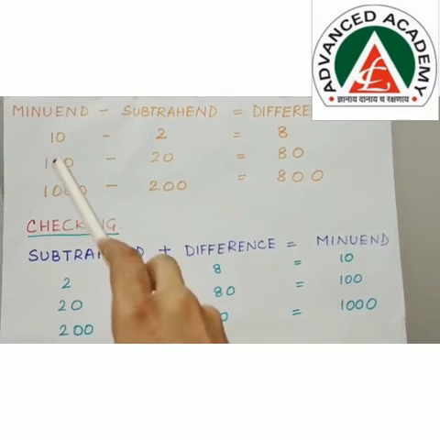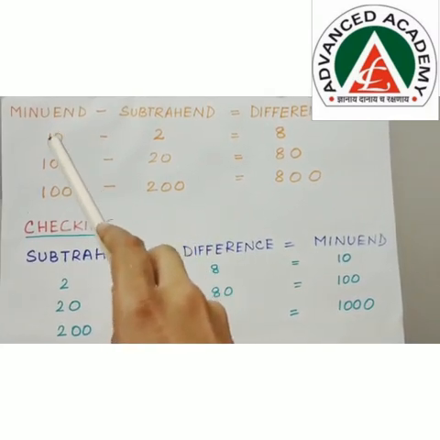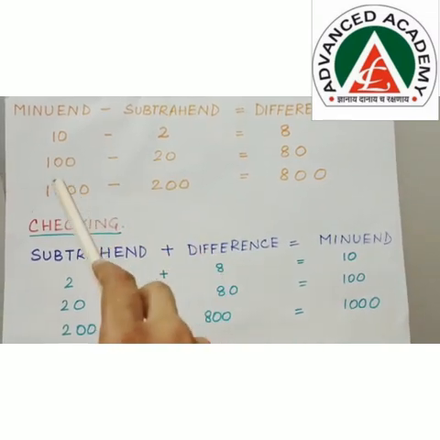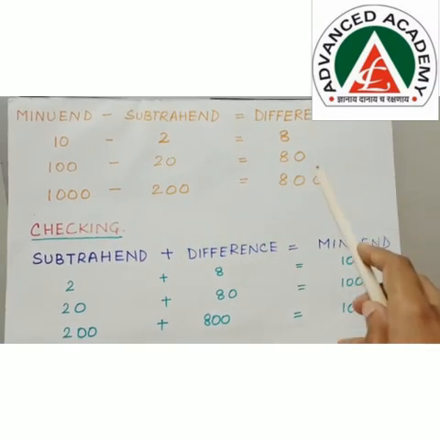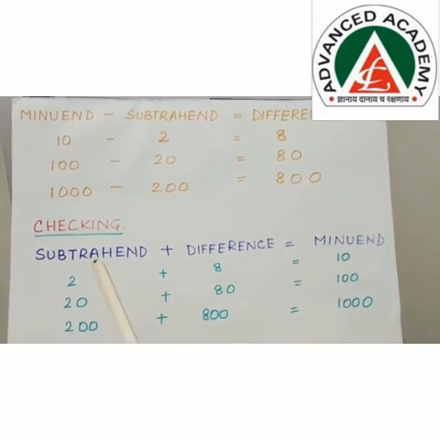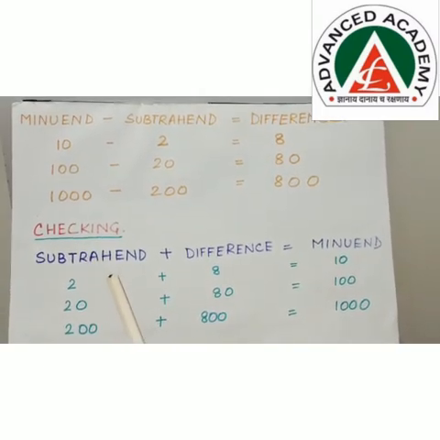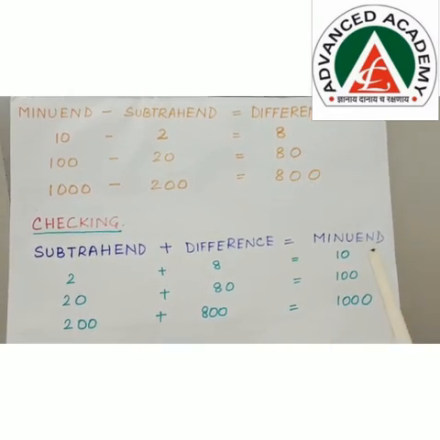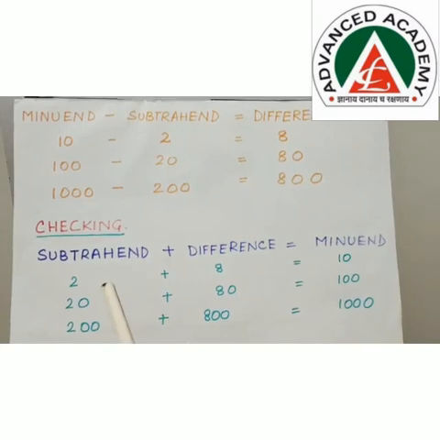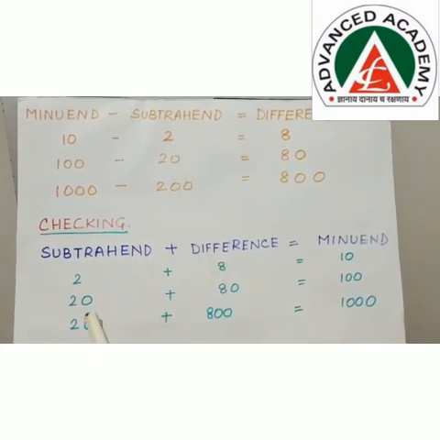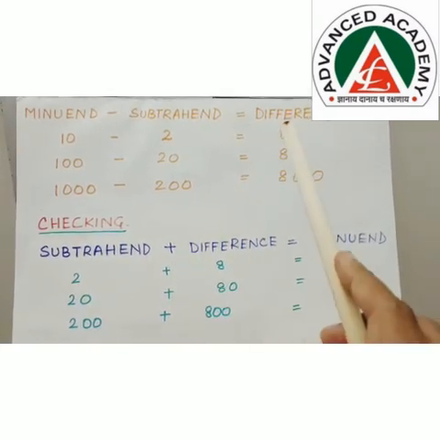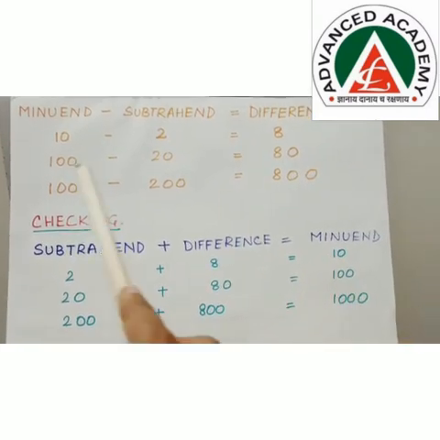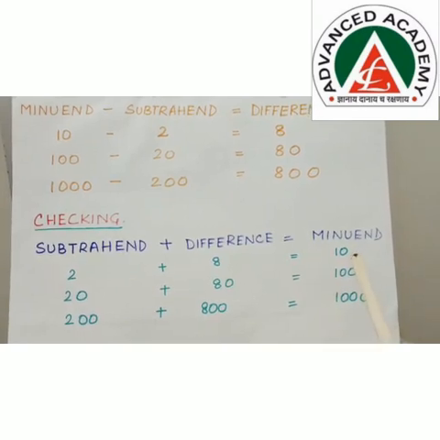Now there is a method to recheck whether we have done correct subtraction. What is the method? Subtrahend plus difference, we get minuend. Now the subtrahend over here is 2 plus the difference is 8. What do we get? 10, which is our minuend.